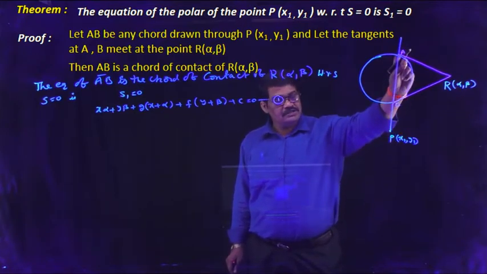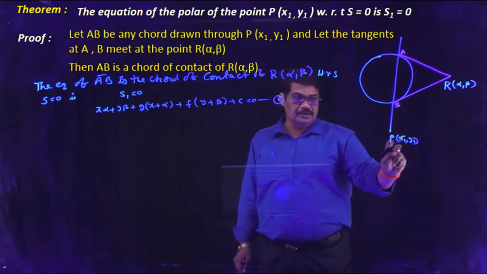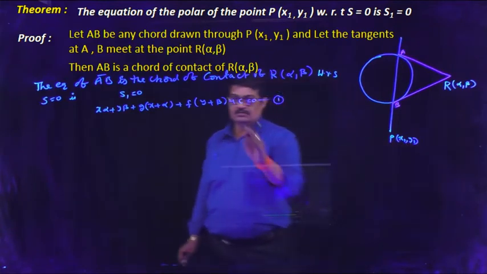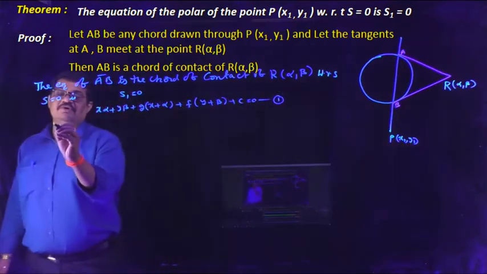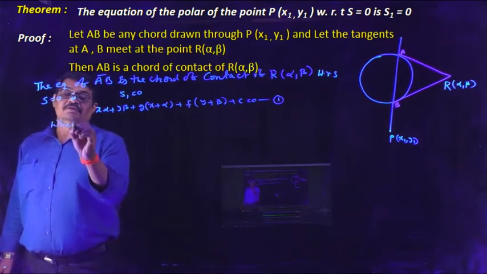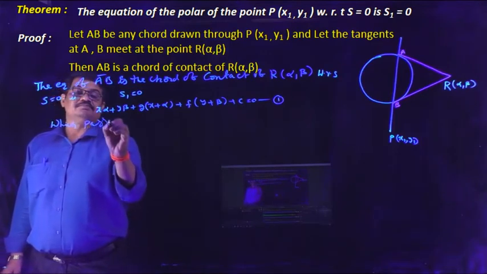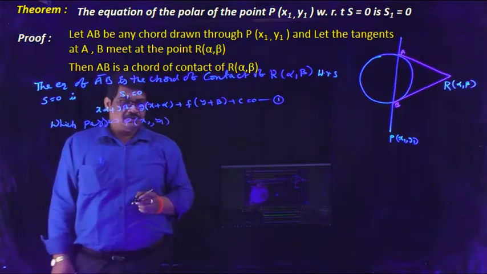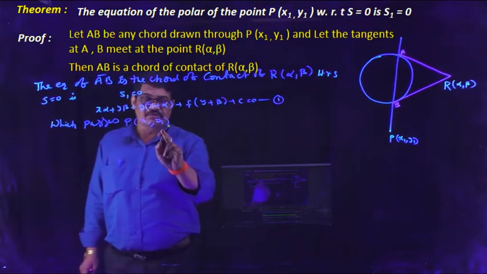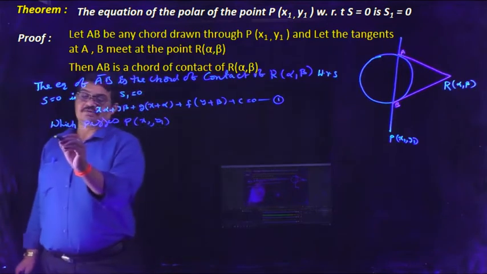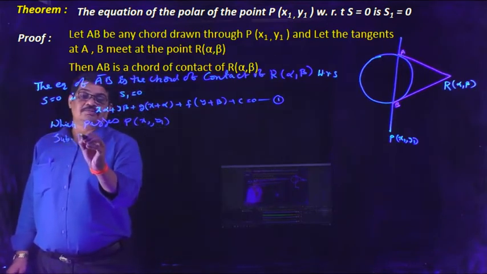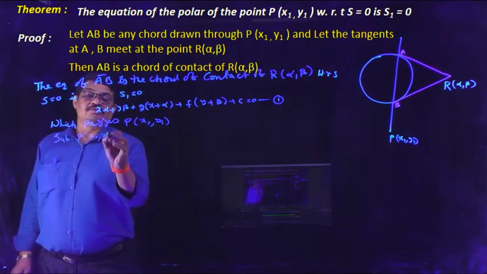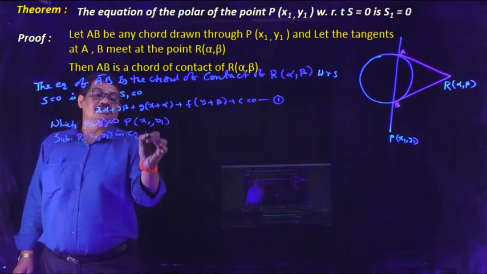This chord is passing through the point P(x1, y1). So now we have to substitute this x1, y1 in this equation. Substitute P(x1, y1) in equation 1.